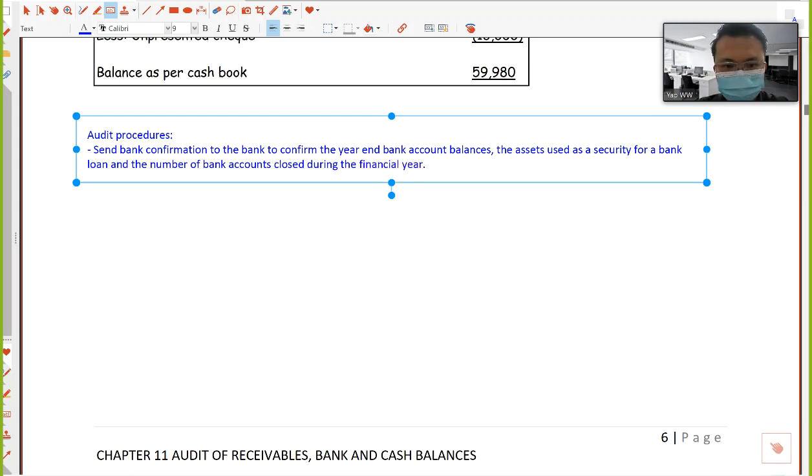Okay, so you just briefly tell what you need to confirm in the bank confirmation.